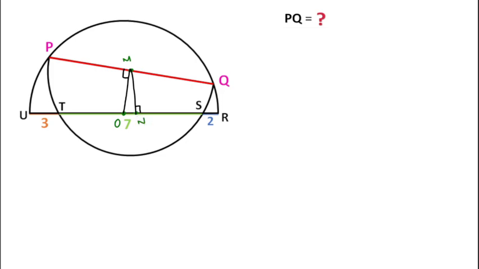Now if we draw a line segment from P to O, then this will be the radius for this bigger semicircle, which is equal to 6 unit. And also if we connect M to S, then this will be the radius of this smaller semicircle.